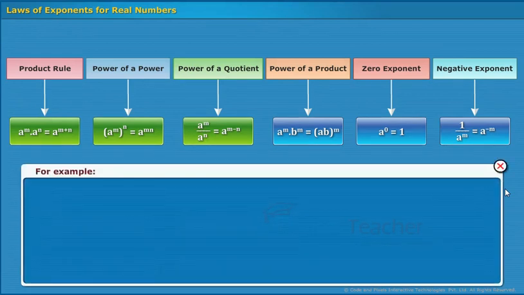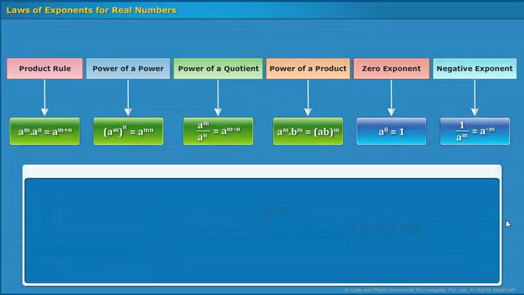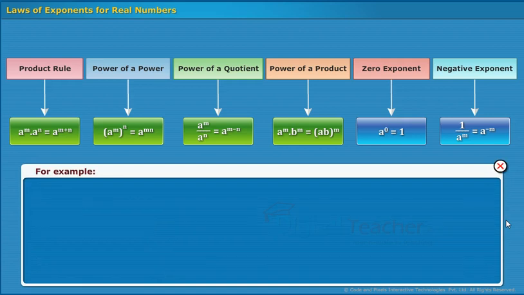For example, let us consider 10^(-6) / 10^3, which is equal to 10^(-6-3), in turn equal to 10^(-9). For example, consider 5^2 × 10^2.